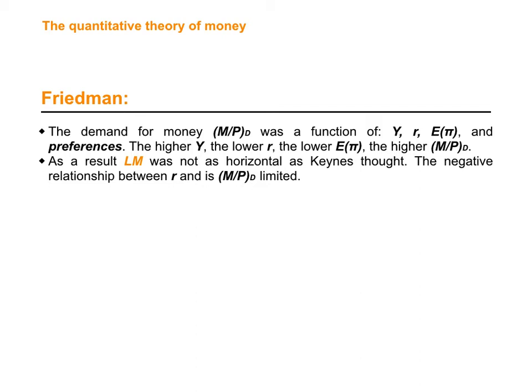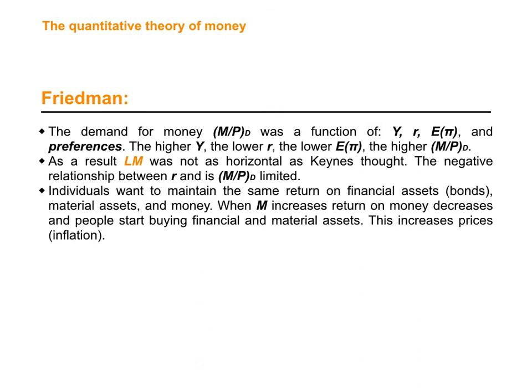This means that expected inflation is going to be a very important element here. Individuals want to maintain the same return on financial assets, bonds, and material assets and money. When M increases, returns on money decrease and people start buying financial and material assets, and as a consequence we have inflation.